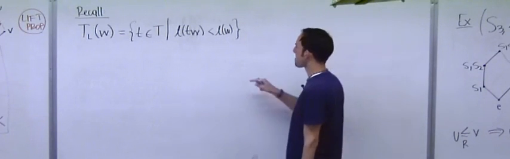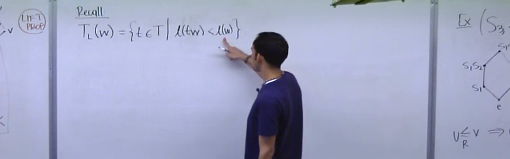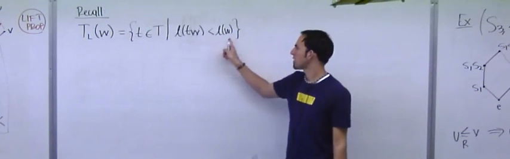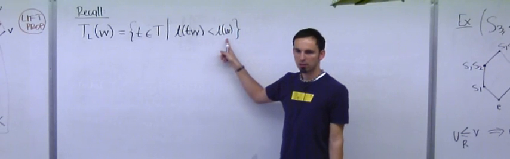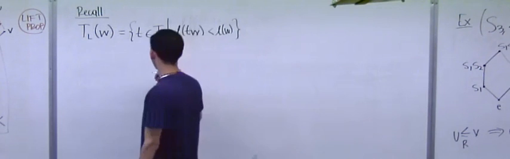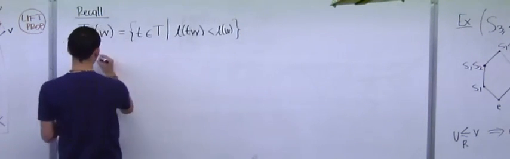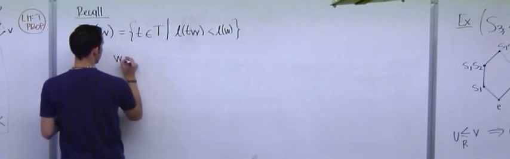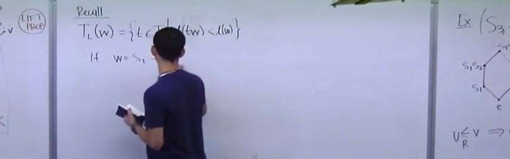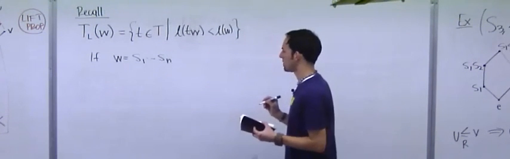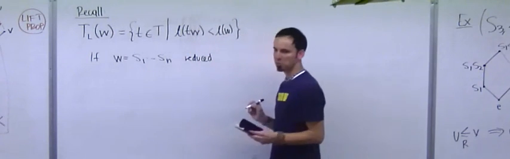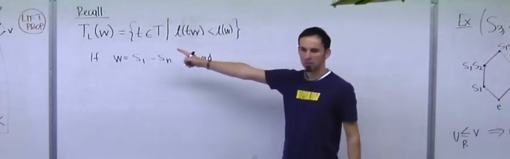Now, we know that this is equivalent to TW being less than W in the Bruhat order. Remember that we had a simple description for this: if we took an expression for W and took it to be reduced, then we knew exactly what these were.